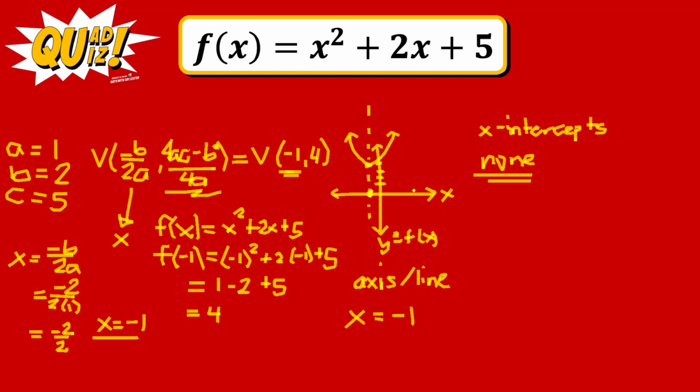Now, how do we know the number of x-intercepts without this graph here? Here's the hint. The x-intercepts are related to your roots. This would mean we still need to solve for the roots.